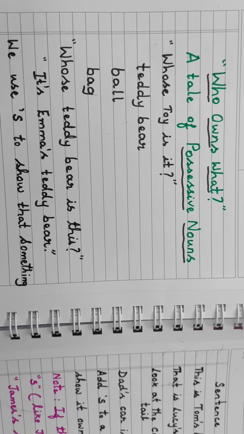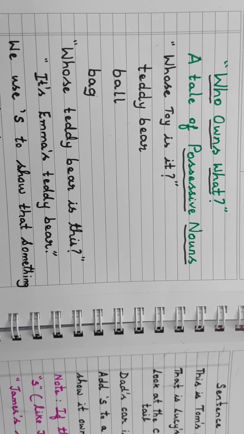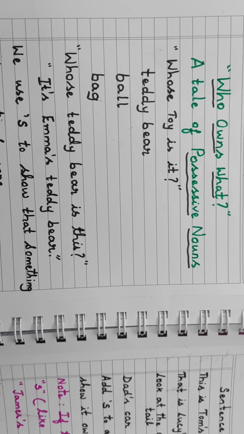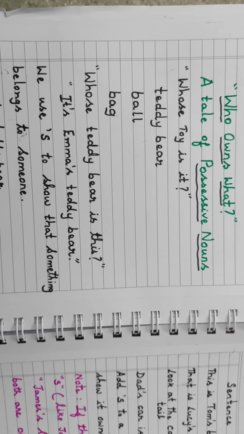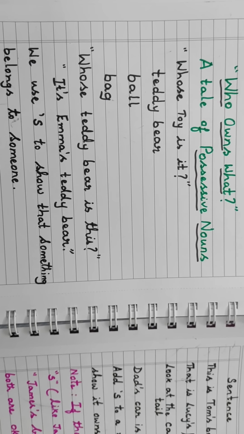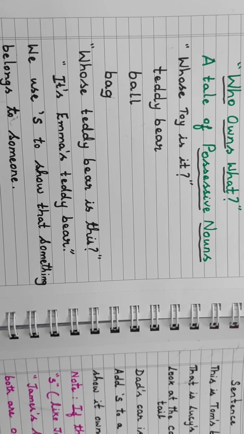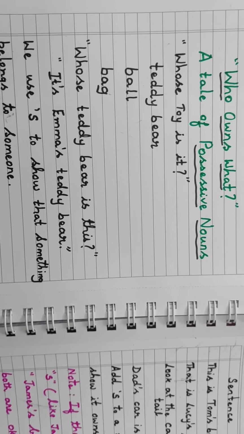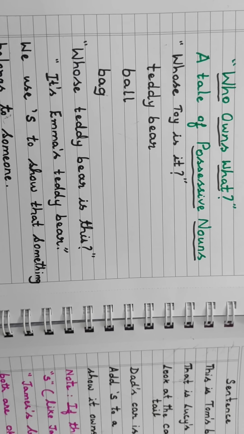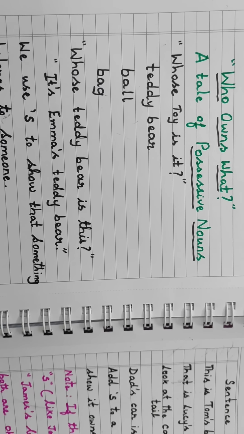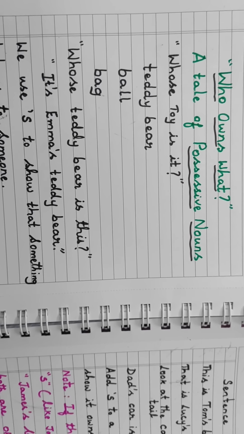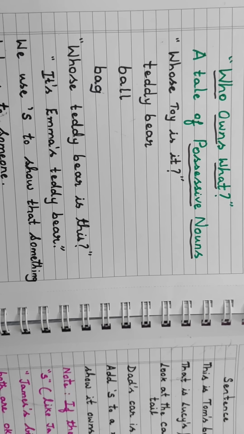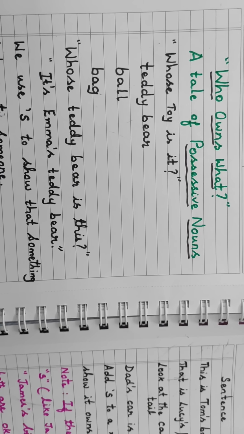Now here some examples are there. Whose toy is it? Teddy bear, ball, bag. Whose teddy bear is this? It is Emma's teddy bear. Here, when you write Emma, E-M-M-A, apostrophe S. Apostrophe means giving 1 comma up, then writing S. So that shows it belongs to Emma.